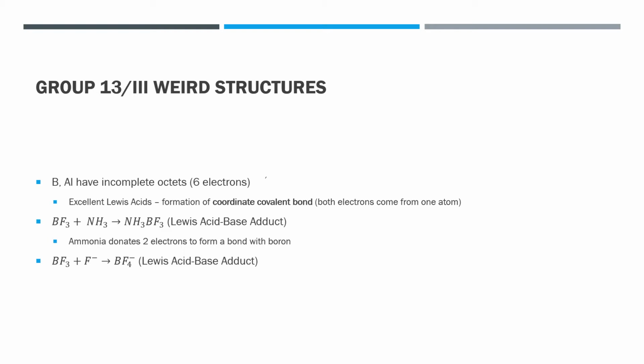So if we look at boron and aluminum, basically something like BH3, right? This exists, and if we draw the Lewis structure for this, we have B with 3 H's surrounding our boron, right? And you can see that our boron only has 3 bonds and it doesn't have any lone pairs, which means that we only have 6 electrons on the boron, but this can actually be isolated in certain situations.